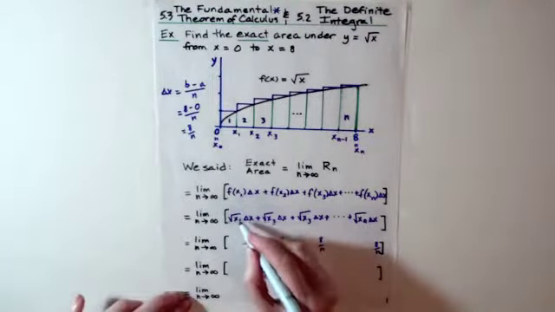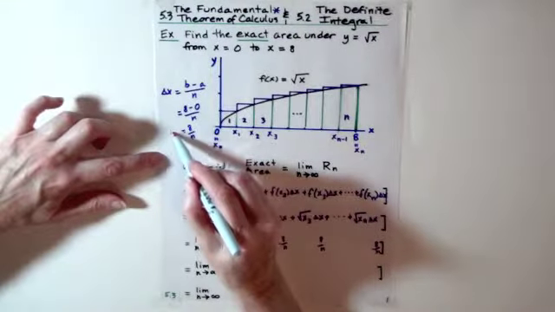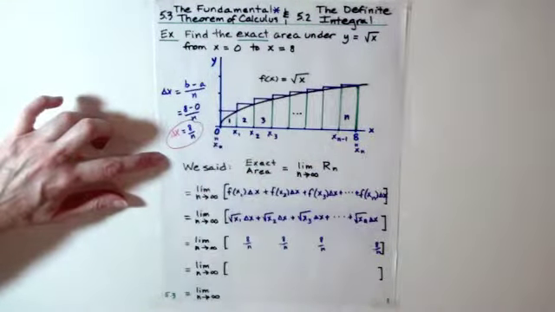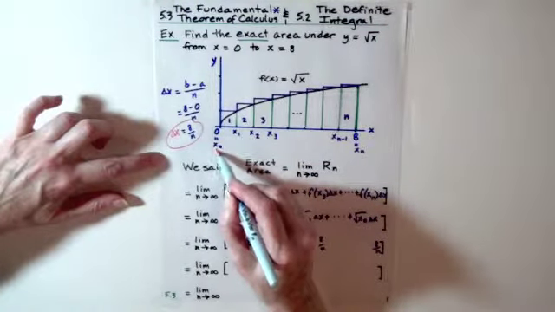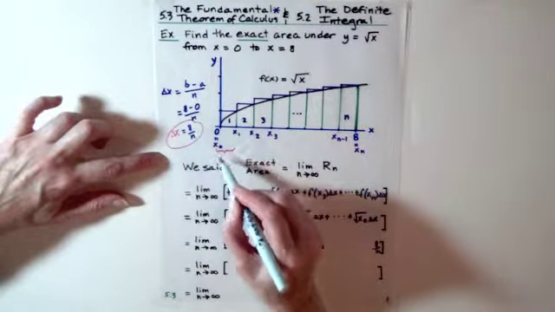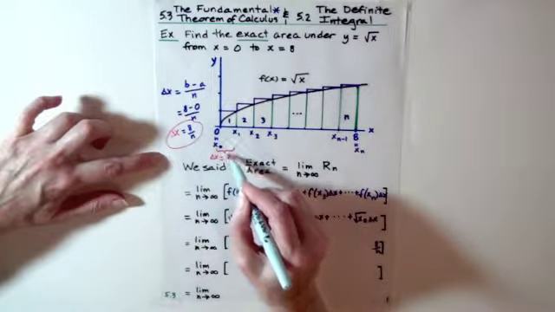Well, what about this part, the x1, the x2? I can actually figure out what those are in terms of n as well. Remember, we said that our delta x is equal to 8 over n. So that means the width of this interval, and in fact of all the intervals, is supposed to be a width of 8 over n.